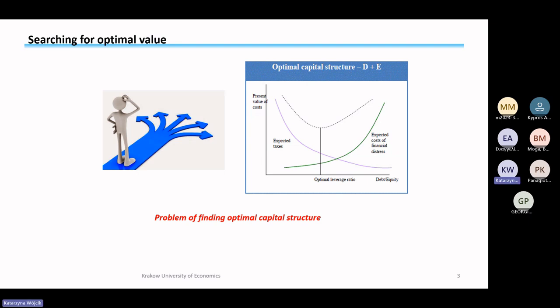Some of them have lower risk, but also lower expected financial income. So the key thing is to find the optimum point, how to divide our money into those two types, for example, of investments, to get the best result, taking these two criteria into consideration. So taxes, cost of financial distress, or any other criteria we will adapt.